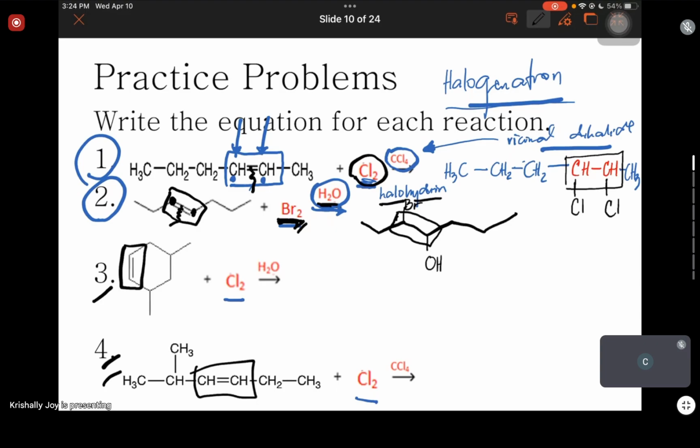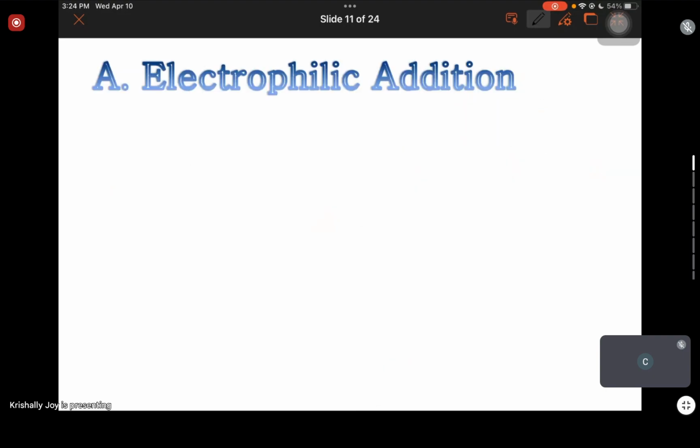Copy the whole structure. The only change that will happen is in the reactive area, because that is where the chemical reaction happens. Copy the whole alkene, then only the changes are added. If it is halogenation, you add the chloro. If it is hydrogenation, you add the hydrogens.